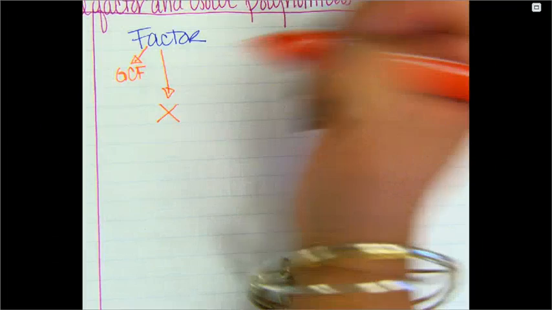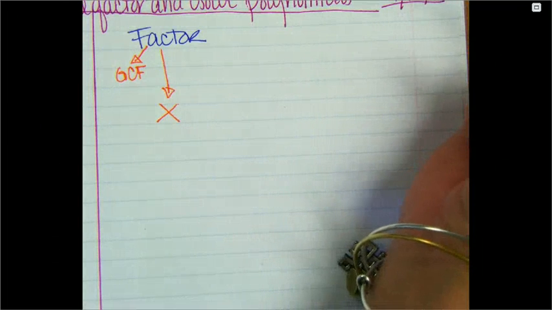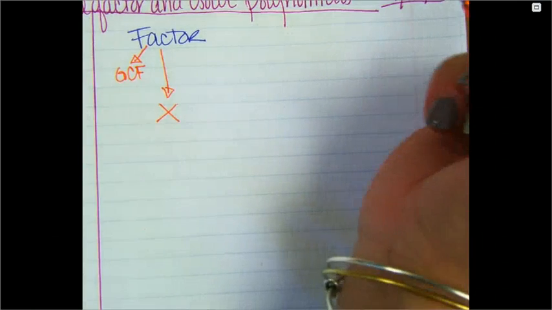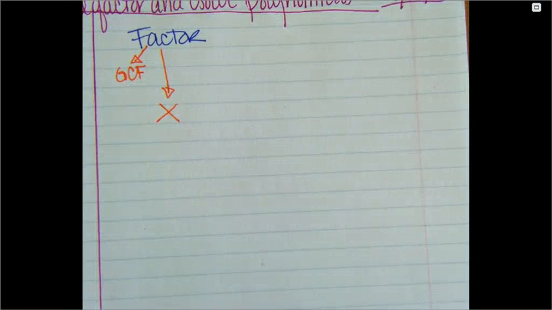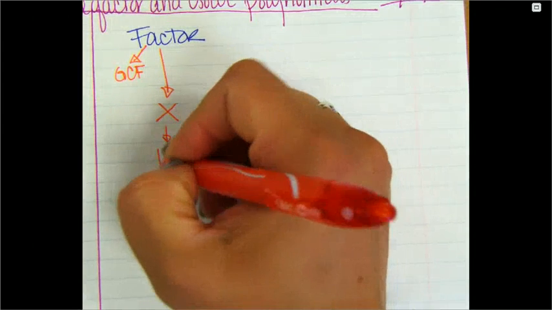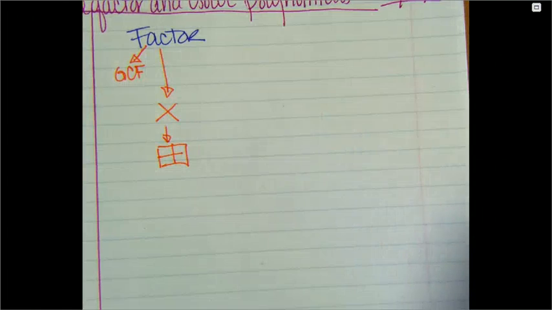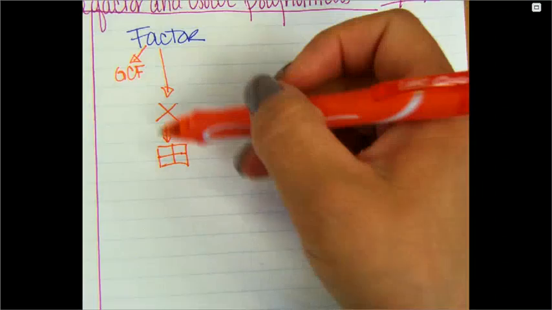I don't know about you, but I draw an X. Don't you? The most important part of the factoring. And then from X, you go to what? Box. Right? Okay. Do we have to do the X?